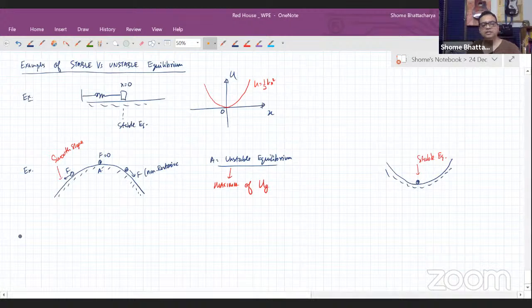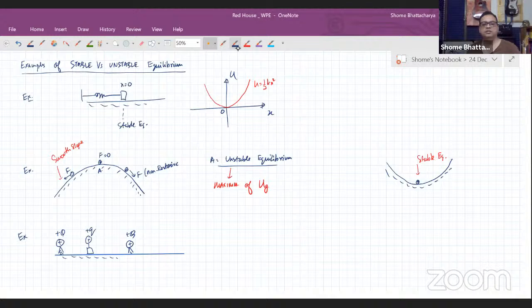Another example could be like this, that you have a system where we have two fixed charge particles, and now on a movable block we have some positive charge.